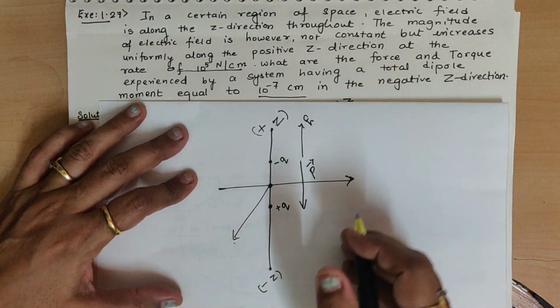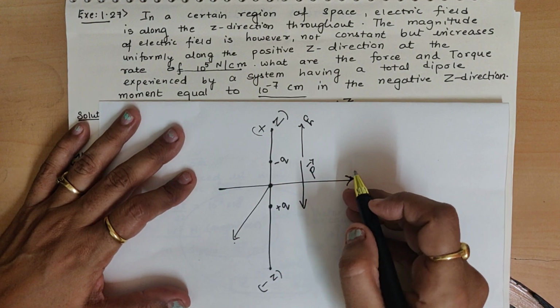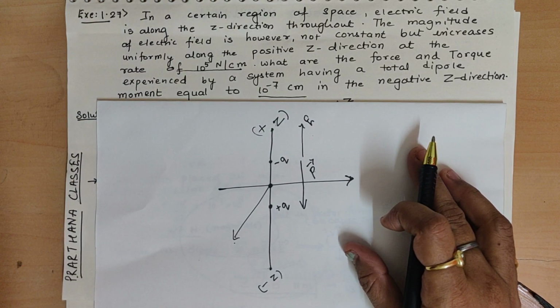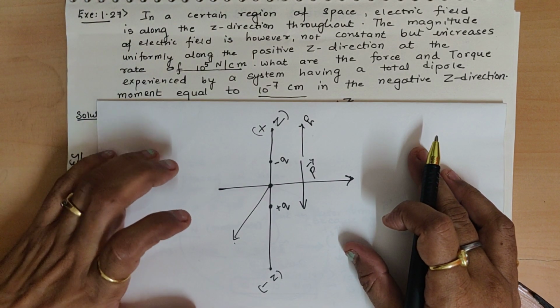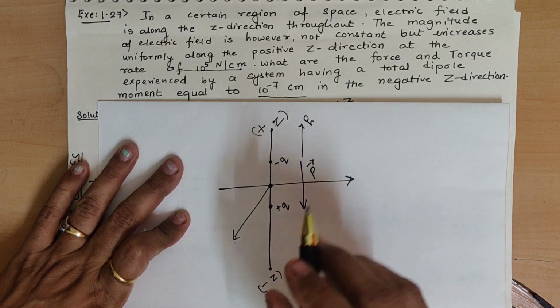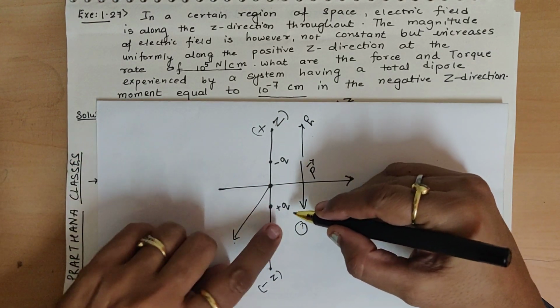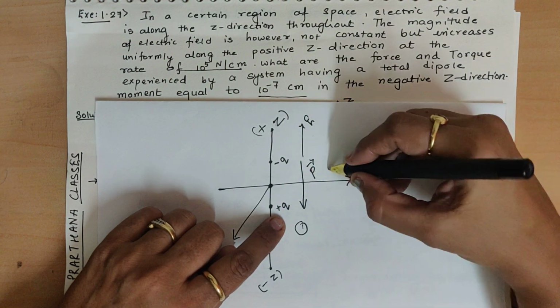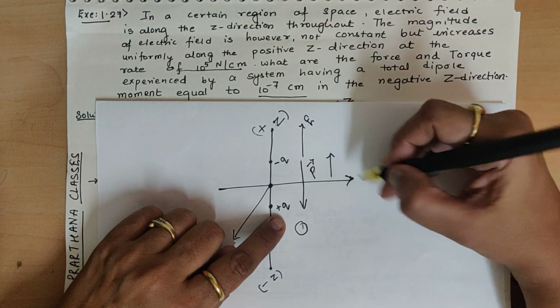Now we need to first find out what is the force experienced by this dipole under the influence of a non-uniform electric field. Now we know that the force acting on the positive charge will be in which direction? In the direction of an electric field.